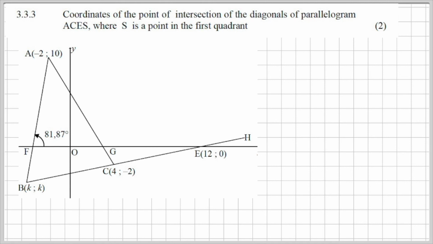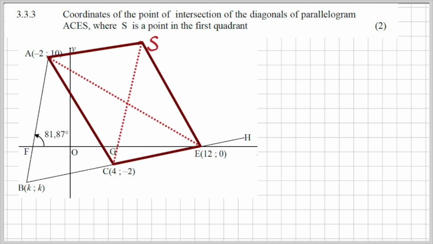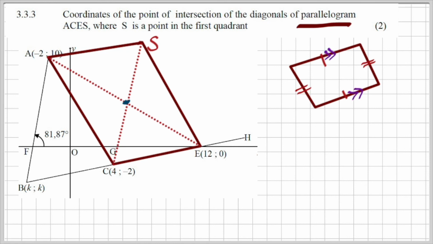So I'm going to put S in there so that I have the information on the sketch. They say ACES is a parallelogram, so the word parallelogram signifies a shape where the opposite sides are equal. Let's not forget that they are also parallel to one another.